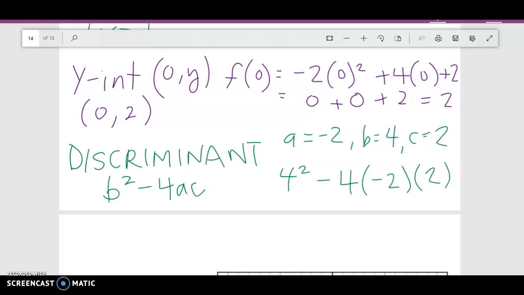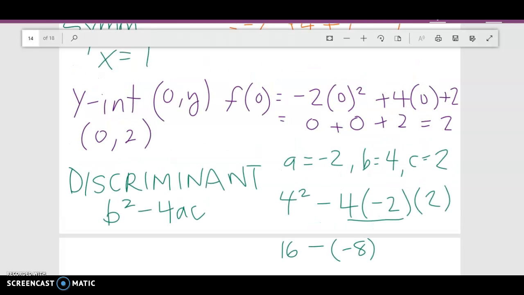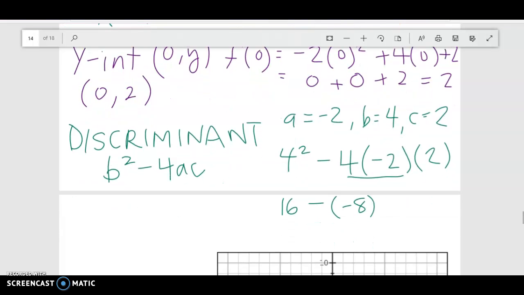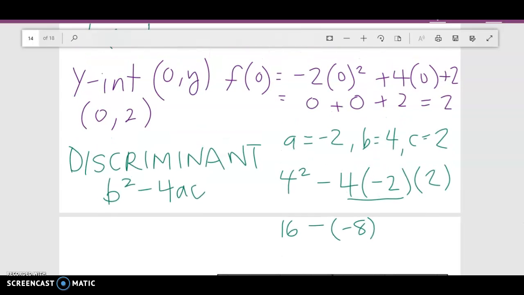So we've got 16 minus 4 times negative 2, which is negative 8, and we have a 2 that we're also multiplying. So I have 16 minus negative 8 times 2, which is negative 16. So really I have 16 minus negative 16, which is 16 plus 16. So my discriminant is 32.